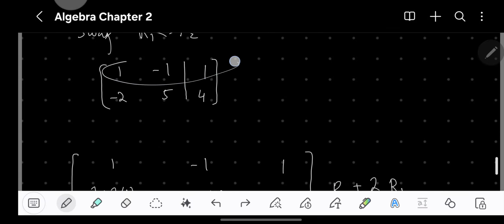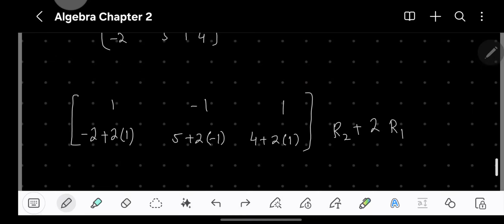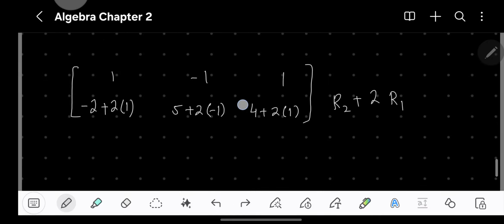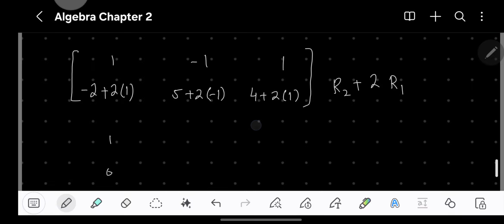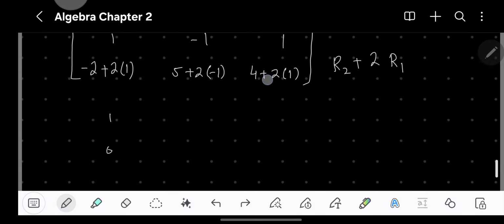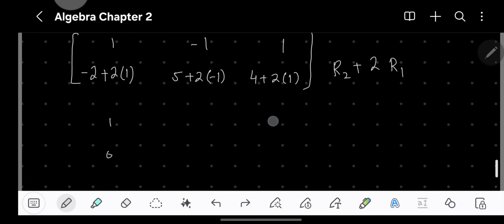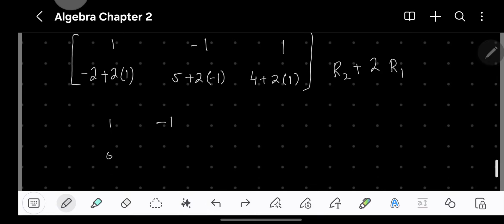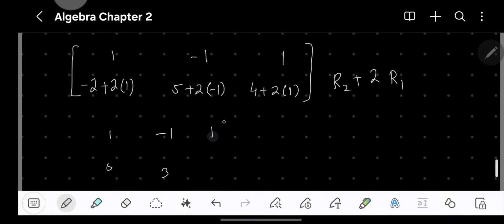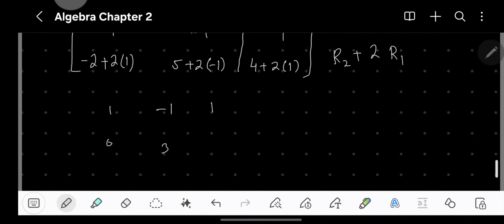R1 is 1, -1, 1. You can check this is 1, this is -1 and this is 1. So that means I have performed the operations correctly. If I solve it, this is 1 and this becomes 0. This is -1 and this is 3. This is 1 and this is 6.